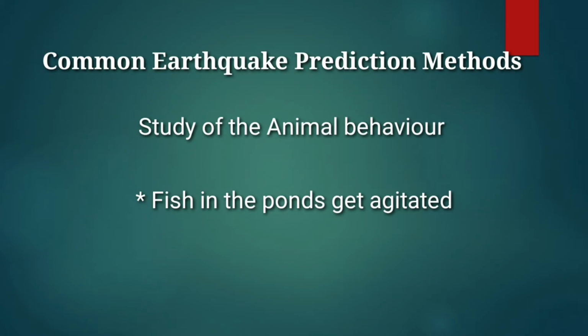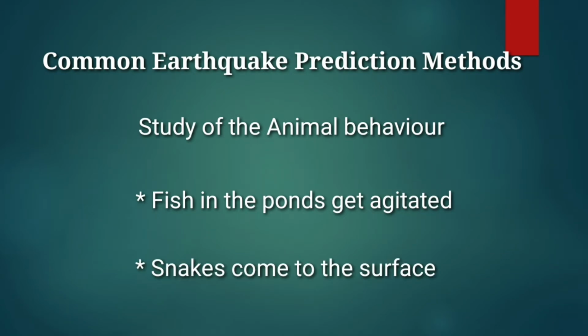You will see the strange behavior of fish. They are disturbed and moving restlessly. That is agitation. Snakes come out on the surface. So these animal behaviors help local people predict earthquakes.